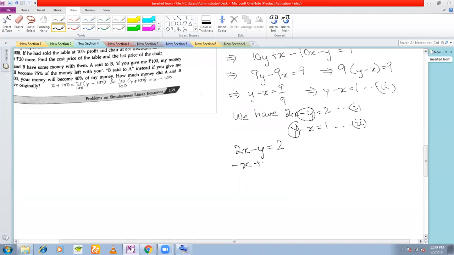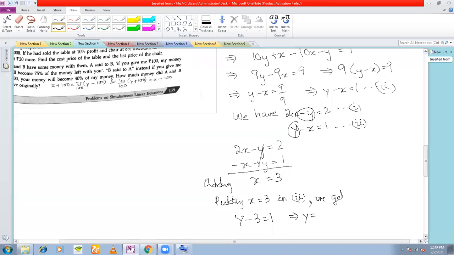Write the second equation as minus x plus y, and now you add. This cancels, so you get x is equal to 3. How do you get the value of y? Put x is equal to 3 in equation 2. That means you get y is equal to 4.